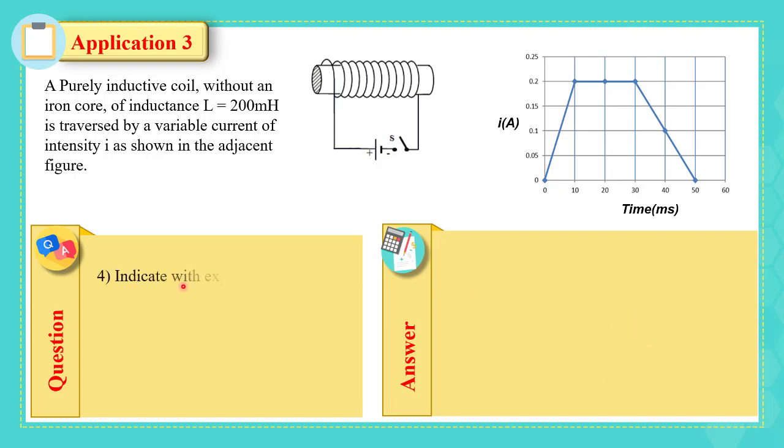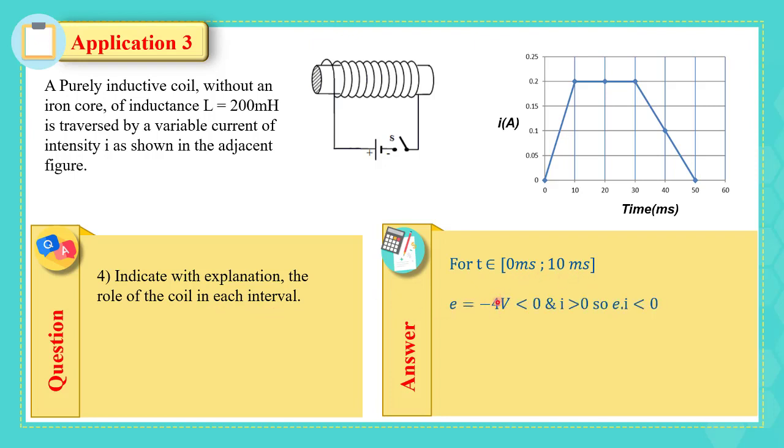Part 4. Indicate with explanation the role of the coil in each interval. For t between 0 and 10 milliseconds, E equals minus 4 volts, less than 0, and I greater than 0, so E times I is negative. In this case, the coil acts as a receiver.